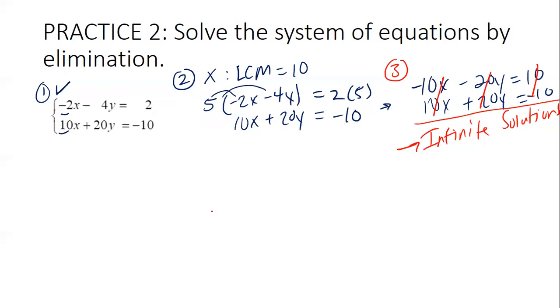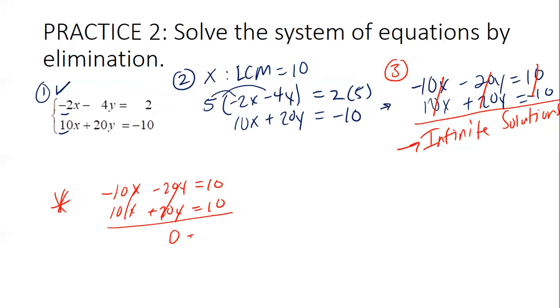Okay, so with that in mind, everything eliminates, infinite solutions. Note to self, if this had happened, if I had negative 10x and 10x minus 20y equals 10, plus 20y equals 10, if only the variables eliminate and your constants are still there, that means that you have no solution.